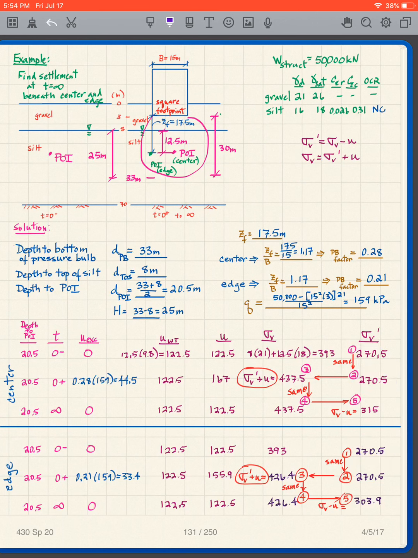Then I use sigma V prime. The sigma V prime plus U gives me that.